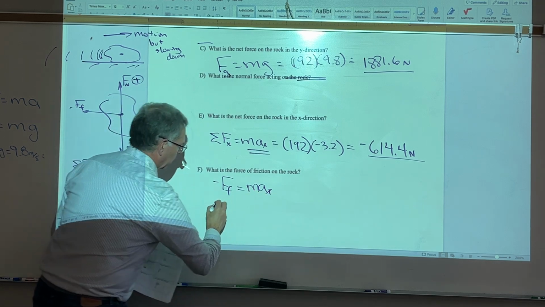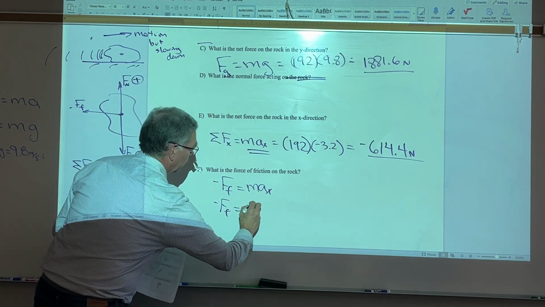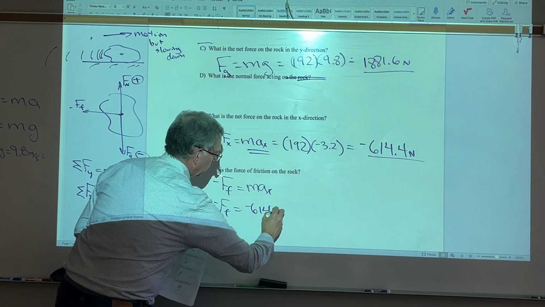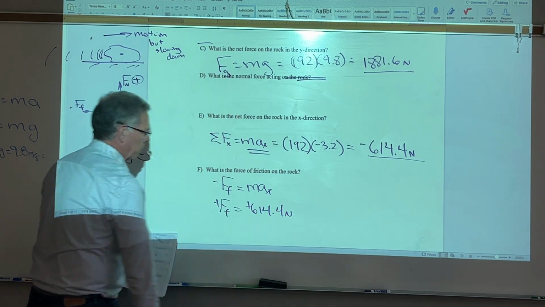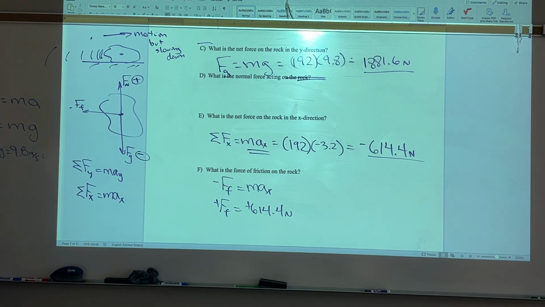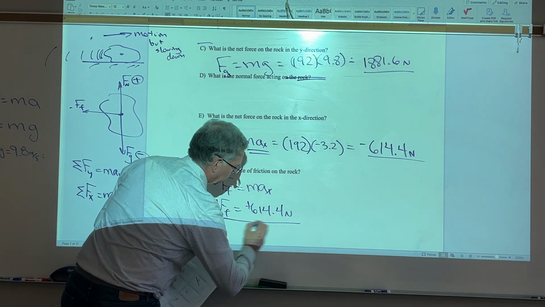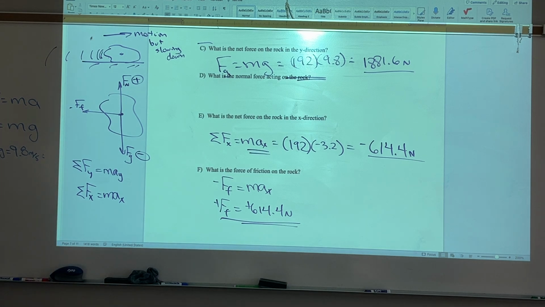So negative force of friction equals negative 614.4 newtons. Multiply both sides by a negative, and the magnitude of my force of friction is 614.4 newtons. It is acting to the left, but we took that into account.